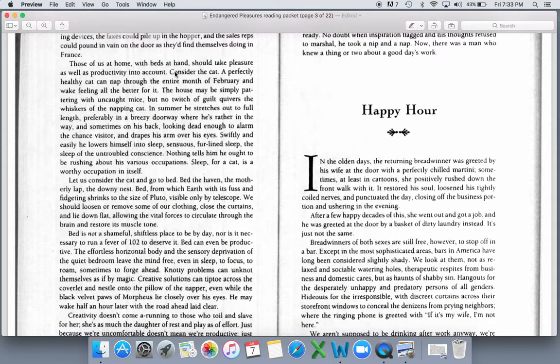And then she goes on to describe the cat and how it naps as an example of enjoyable sleep or enjoyable napping. And then she follows it up again with let us consider the cat and go to bed. So it's not just consider, it's a command to go to bed. So a couple instances there right away that we see imperatives at work.